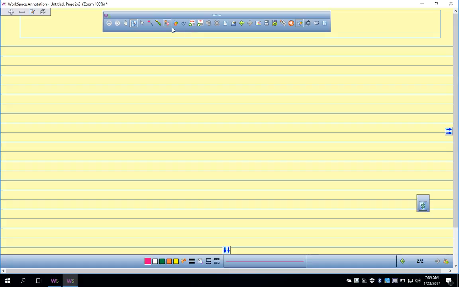But if I were to draw a trapezoid, so I'll try. Does this let me draw trapezoids? No. Let me see if I go to my toolbox and I try this. Let's see if that does any better. No. Doesn't work. All right. So let me just try to draw a trapezoid. Here's a trapezoid. Let's pretend that this is a trapezoid.